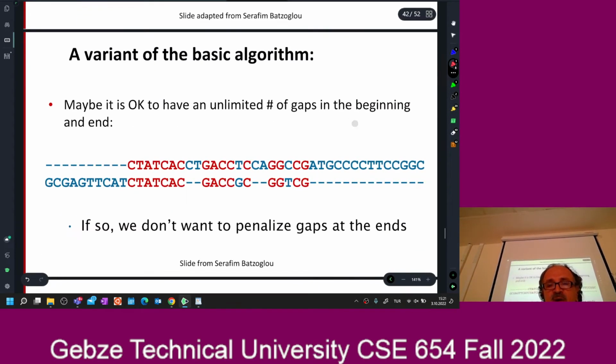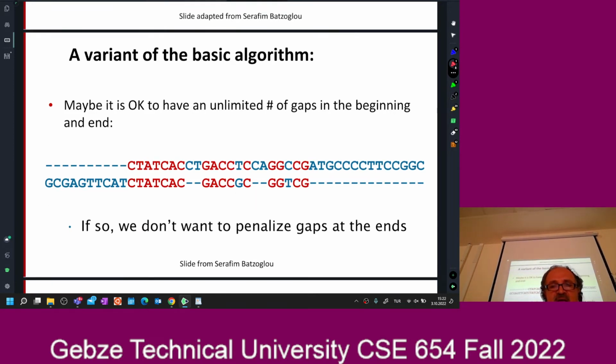And one important problem they are working on is this, okay? Maybe I don't need to pay attention to what is at the beginning and what is at the end. The important thing is the overlap here. So I can ignore the beginning of one gene sequence, and I can ignore the end of it, okay? Doesn't matter. Both of them, lots of insertions here, lots of deletions there.